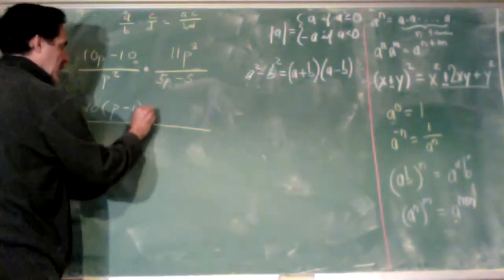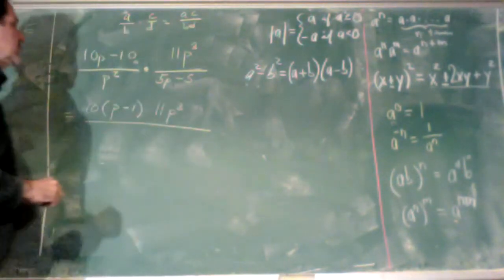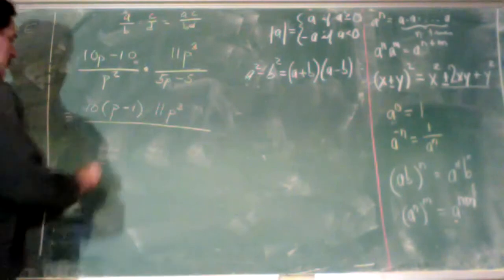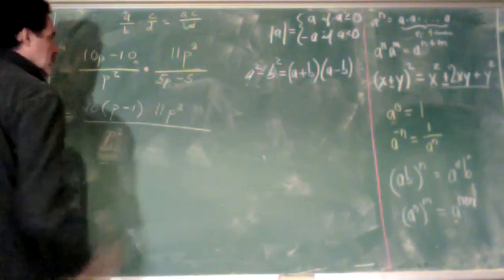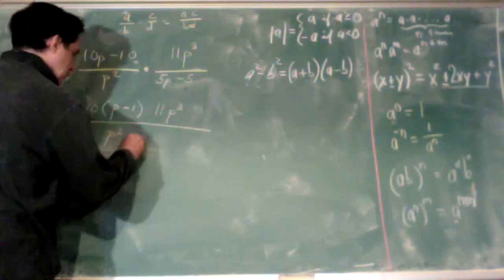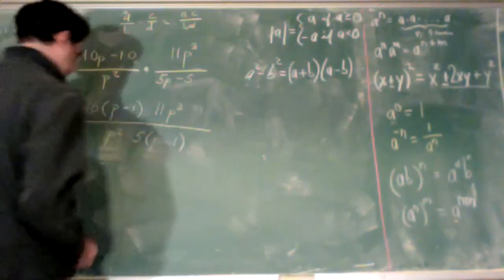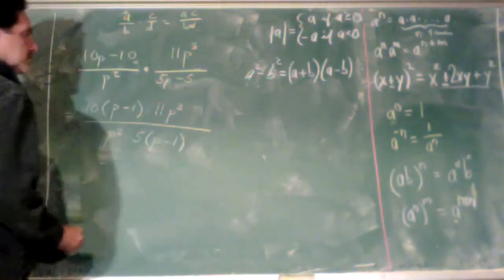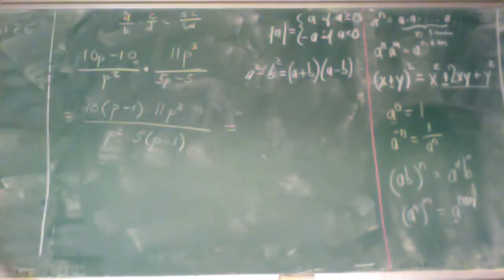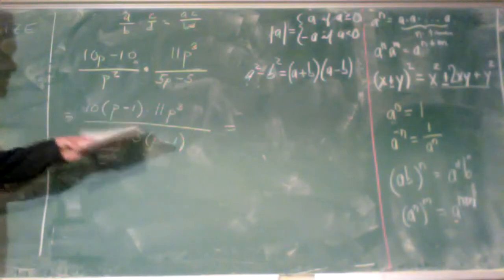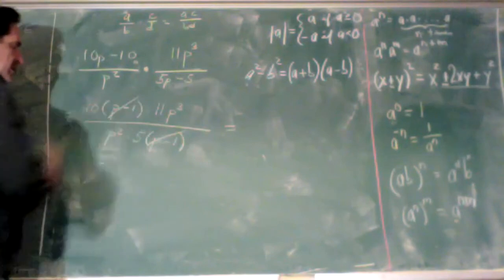So we're multiplying that by 11p cubed, over the denominator, p squared times, clearly we have a 5 common, and what's left is again p minus 1. Now, immediately we see the p minus 1s are common, so we can cancel those from numerator and denominator.